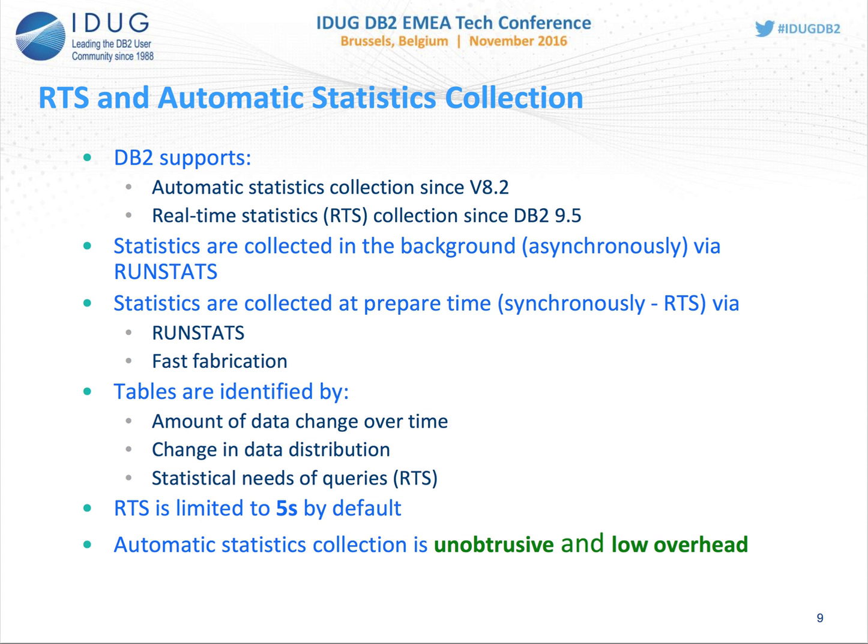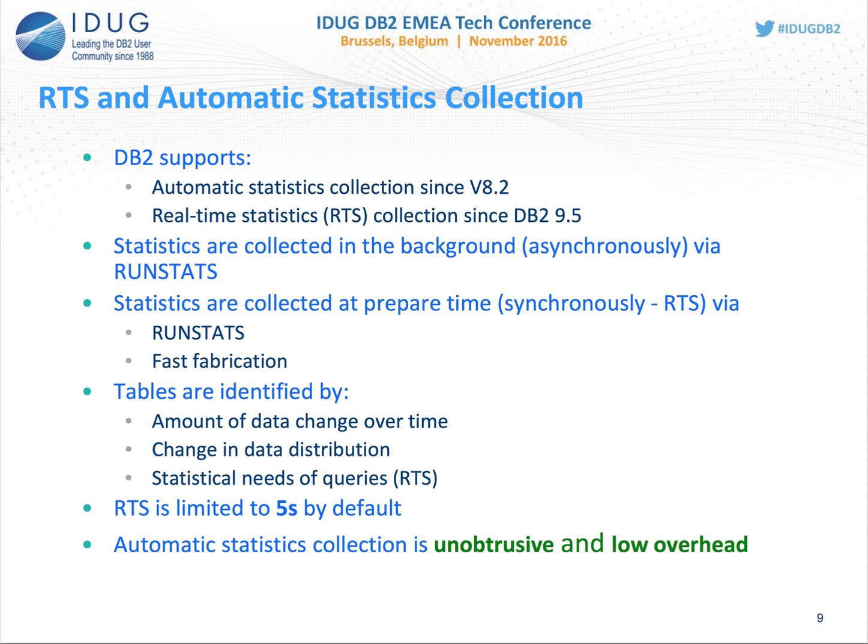Yes, that's right. So the comment here is that this real-time stats isn't going to occur on every prepare. It's only going to occur if the analysis of the stats and the query determines that it really needs to collect stats. There's this whole analysis that goes on based on the amount of update, delete and insert activity that's occurred on the table, and once it crosses a certain threshold, it'll decide that it needs to drive that stats collection.